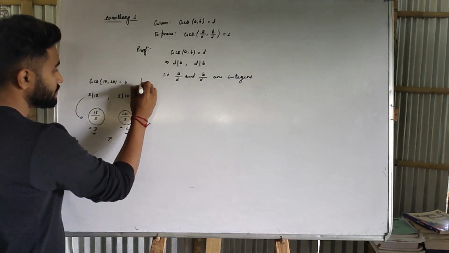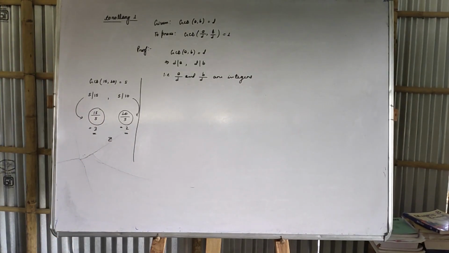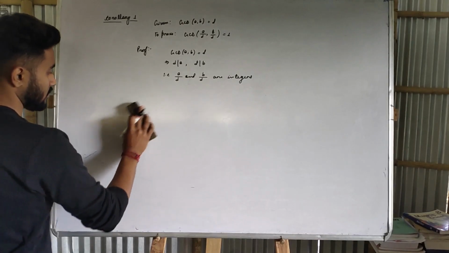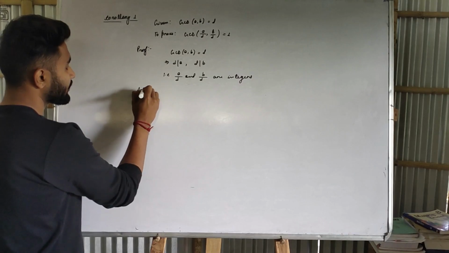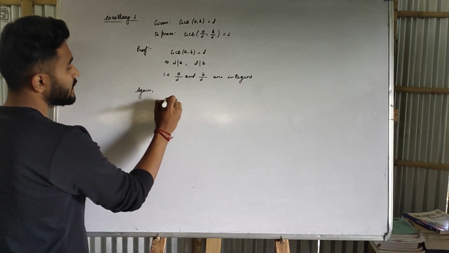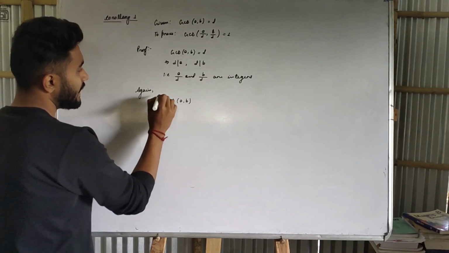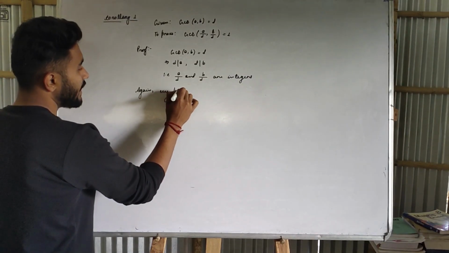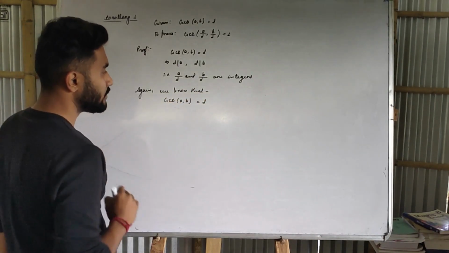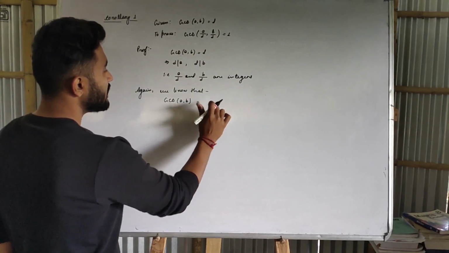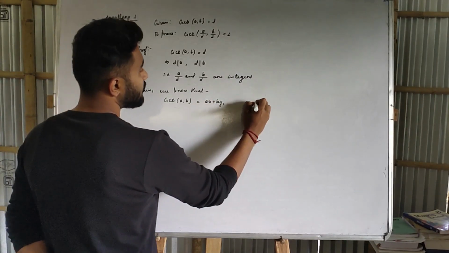Okay, so let us start again with GCD of A, B. We know that GCD of A, B is equal to AX plus BY, where X and Y are some integers.